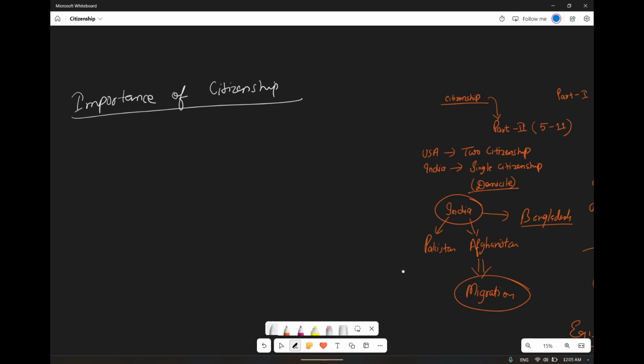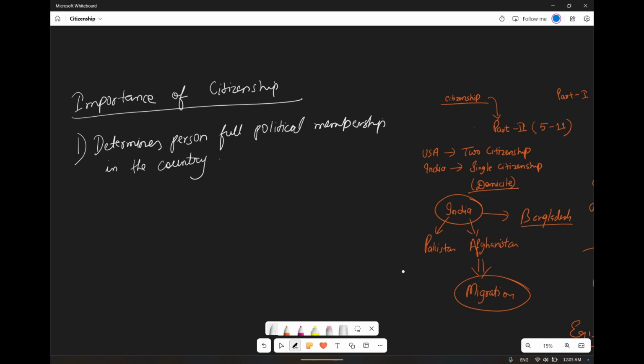It determines a person's full political membership in the country, his permanent allegiance to it, and legal acceptance by the state of his legitimate integration into the political setup.